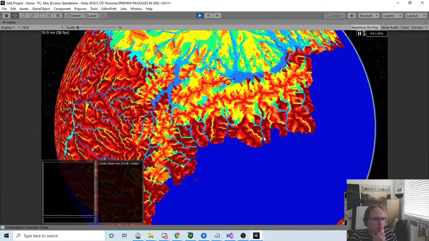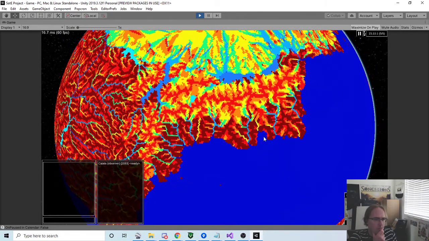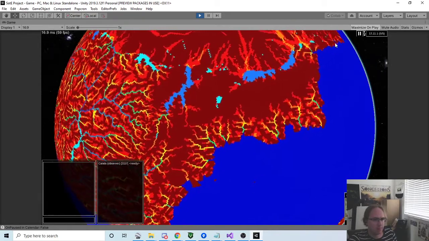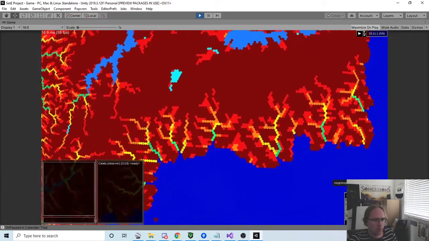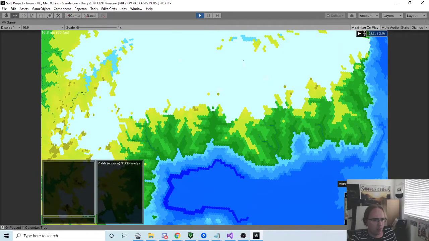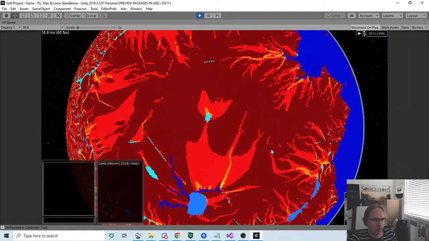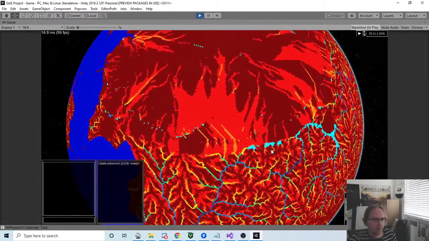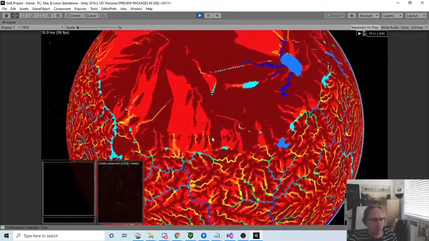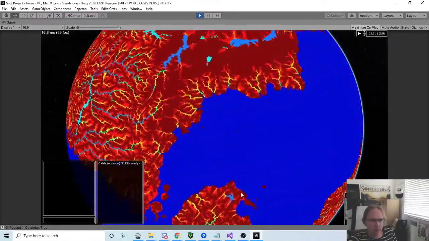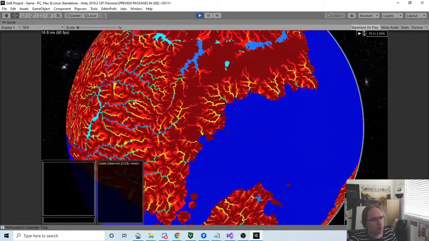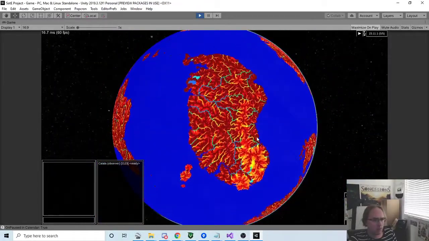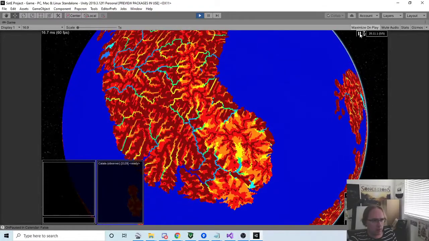Seems to be behaving with all of the glacial melt code. Strangely, we have some melt, which could be fine, to be honest, because, well, maybe not. We'll see. So here we have some more glacial stuff.